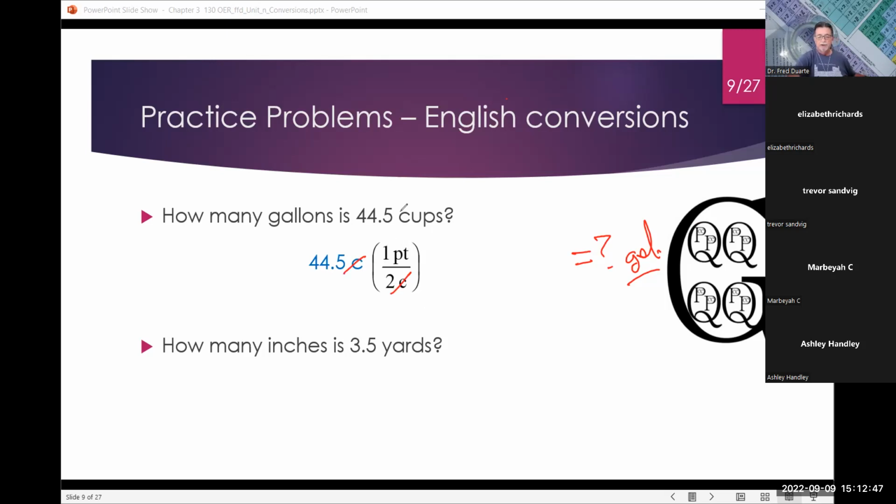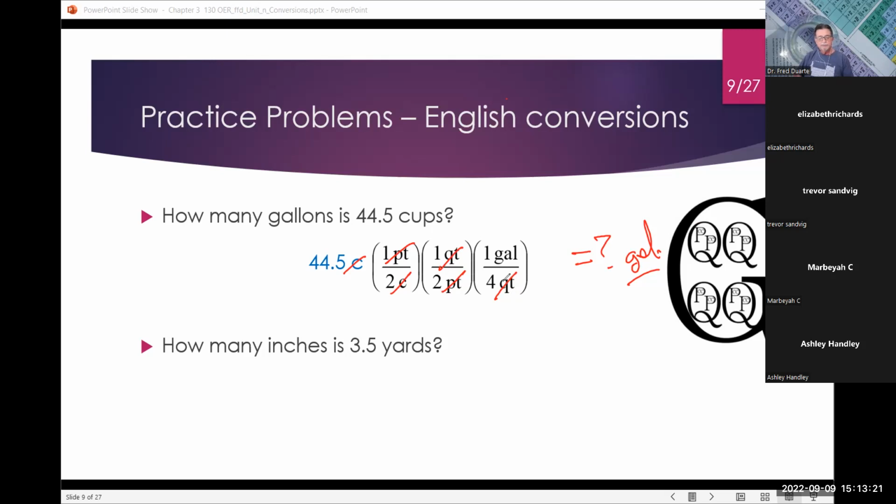That takes care of my cups, but I'm in the units of pint. So I need my other factor to get rid of pints, and this one gets me into quarts, which, if that's what the question asked for, I could stop right here. But obviously I need one more factor, and that is the relationship between quarts and gallons, 4 quarts to 1 gallon. Looking through all this, it looks like everything's canceled out.